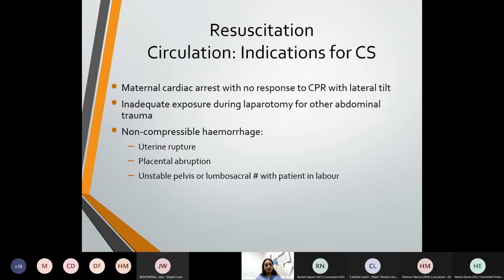Sometimes we may have an unstable pelvis or some fracture after a trauma. In that circumstance as well, you may need to deliver the baby to relieve the pressure in the pelvis and let the other specialists deal with that unstable pelvis. But we need to make room for that.